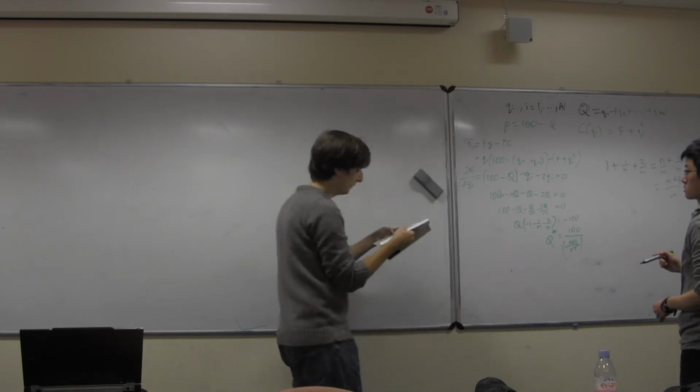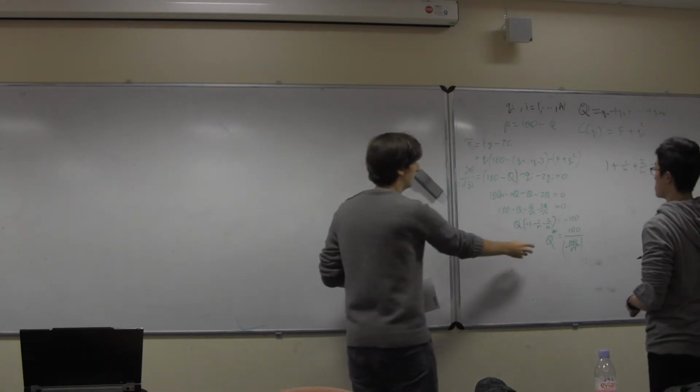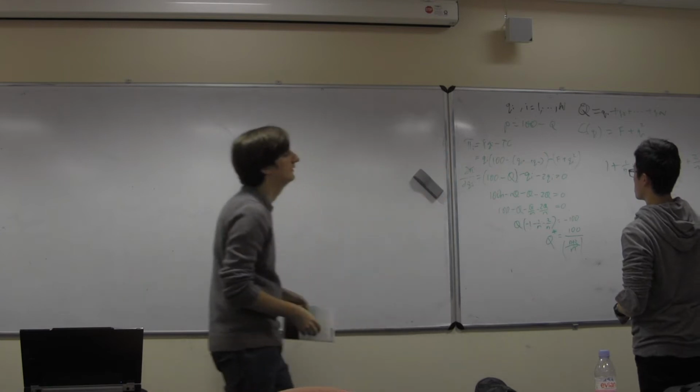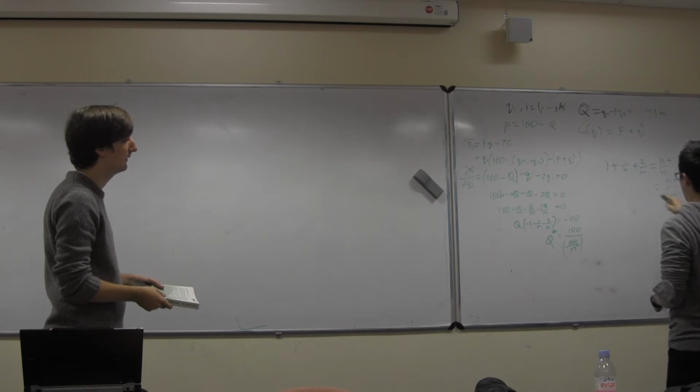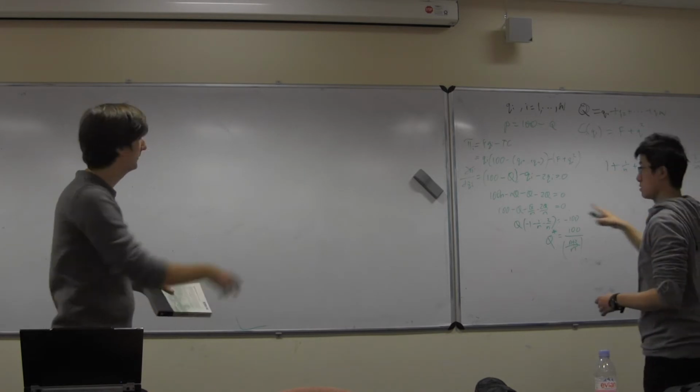Okay, so the question asks for profits. So you substitute the optimal quantity back into firm i's profit. Should I get the price as well first? Yeah, give the price, sure. Do you mind writing the profit stuff? You can write it as well.